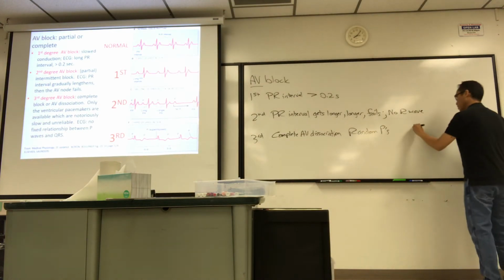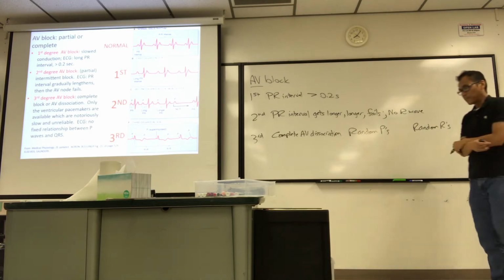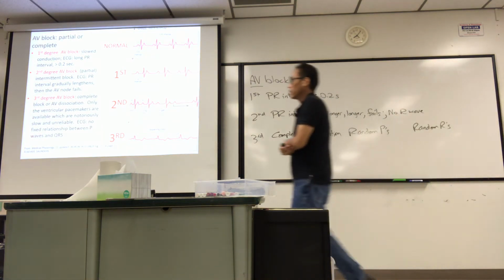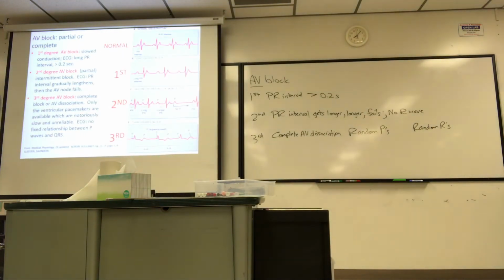And then you have random R waves, because the Purkinje fibers have their own pacemaker potential. So I'll expect you to be able to look at a trace and figure out which kind of block it is.